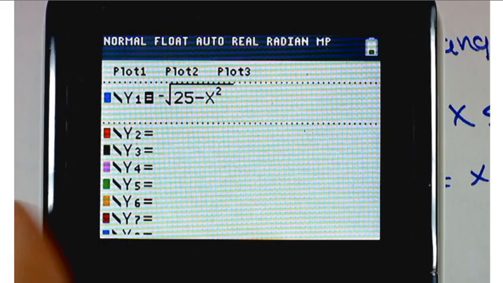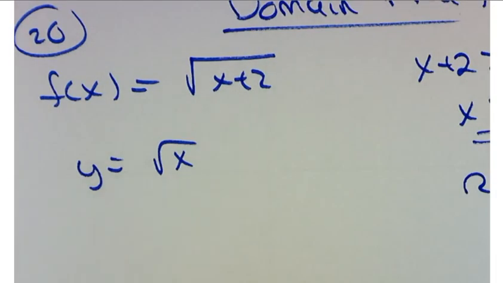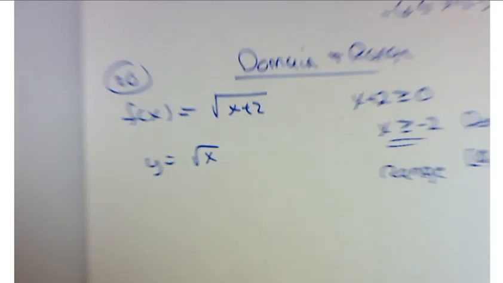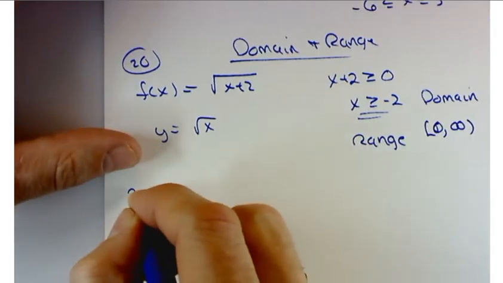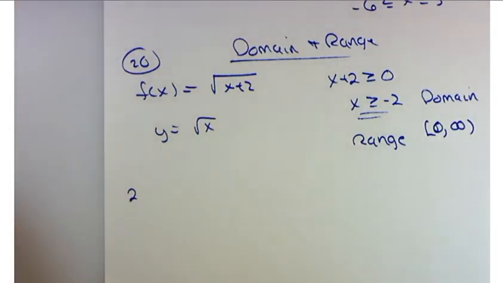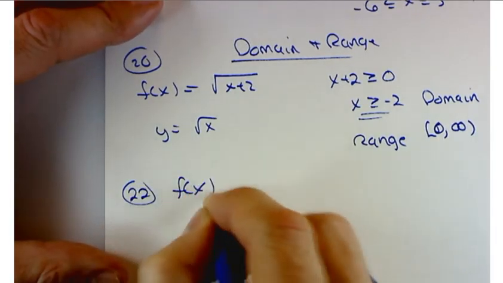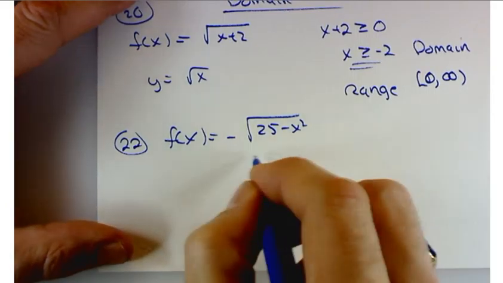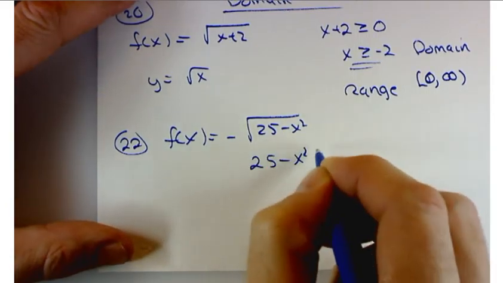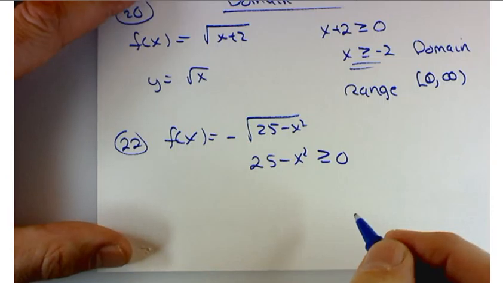And if you wanted to, you could actually take the time to solve a little polynomial inequality like we did the other day. So problem number 22: f of x equals negative the square root of 25 minus x squared. You could solve this inequality: 25 minus x squared is greater than or equal to 0.